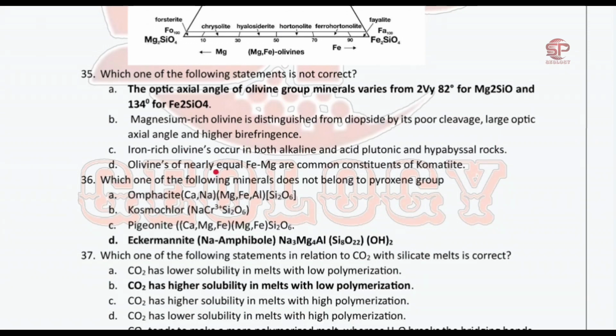For olivine, nearly equal Fe and Mg: it has high magnesium content, but the olivine is found in that contain equal amounts of Fe and Mg. The olivine content is equal.